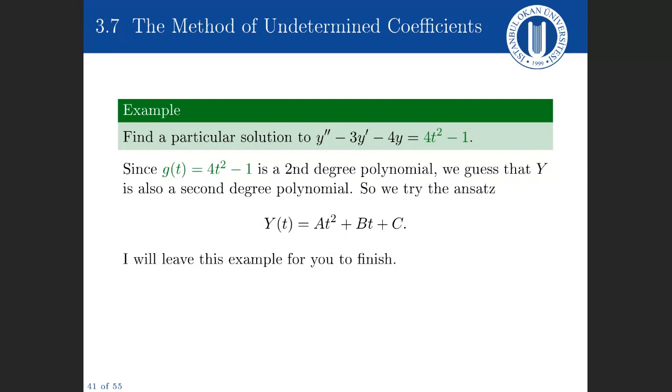Because this is a second degree polynomial, we're going to guess that capital Y is also a second degree polynomial. The guess that we make is at squared plus bt plus c, just any second degree polynomial. I'm going to leave this example for you to finish. I'm not going to do this. Just substitute the polynomial into the differential equation and find the numbers a, b, and c.